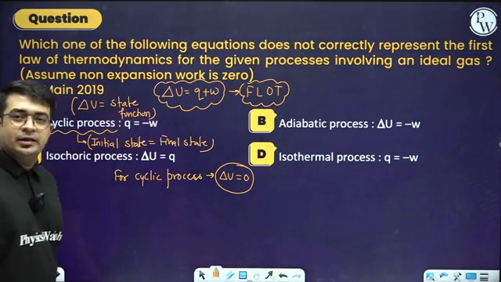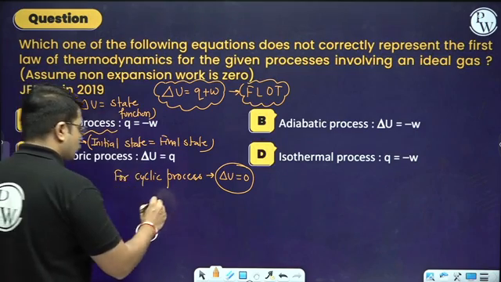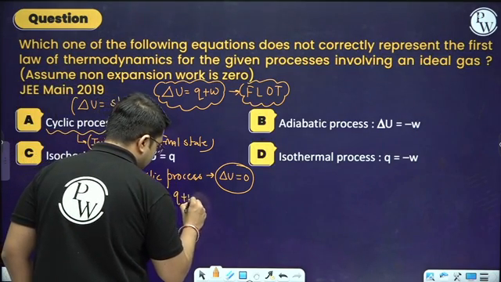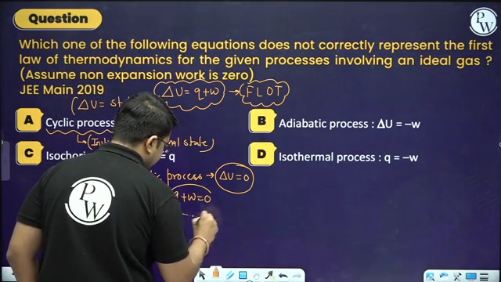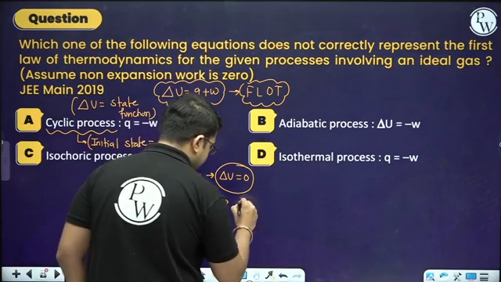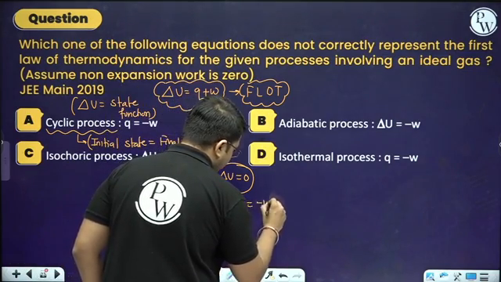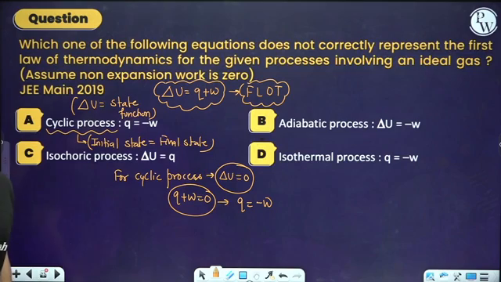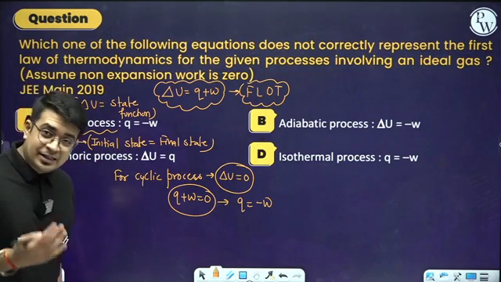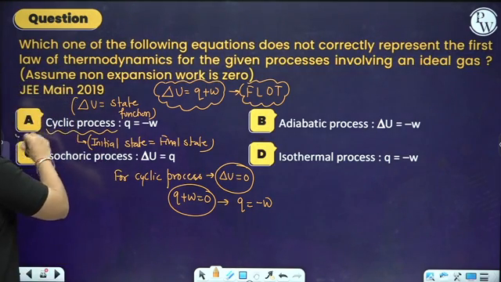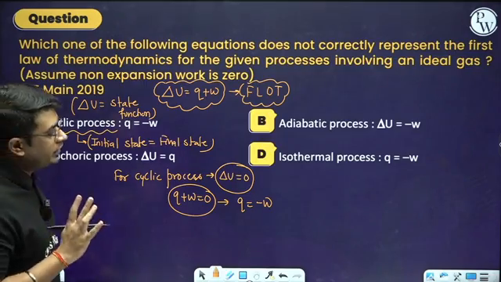If that is true, then Q plus W will be 0, so Q will be equal to minus W. Is it already given? Yes, it's already given. So we can say that option A is absolutely correct.